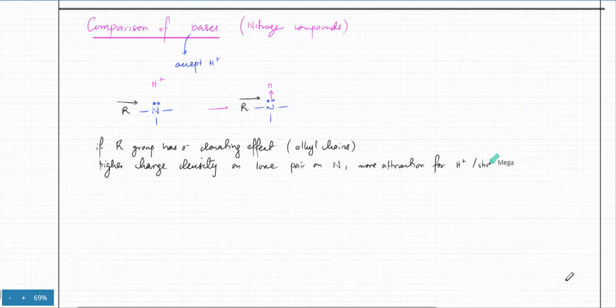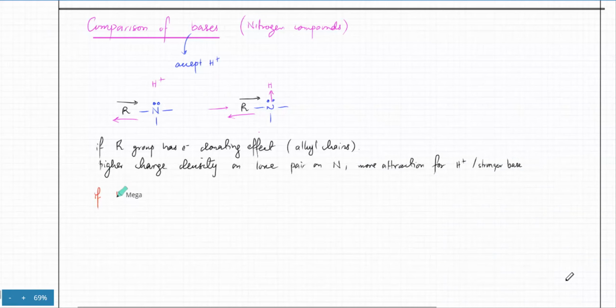Is this clear? Reba, Sarah, Ali, is this clear? Yes, sir. So there's going to be a stronger base, and vice versa. The other option is that if the R group has an electron withdrawing effect, it pulls electron density away from the nitrogen. If that happens, then it's going to be a weaker base.